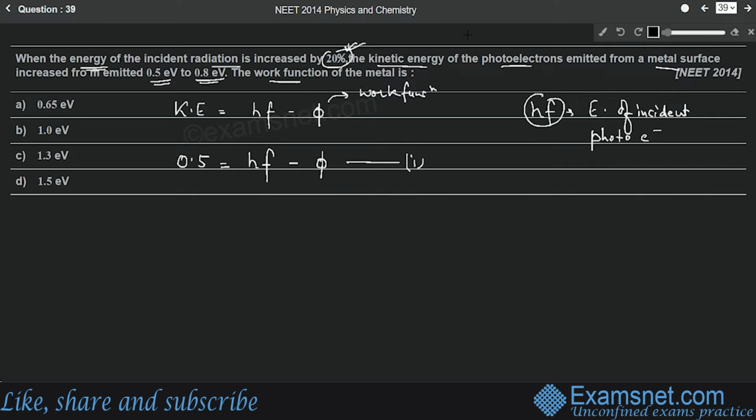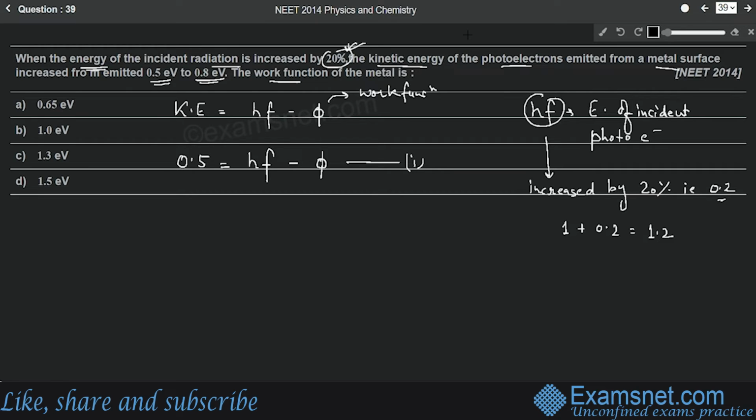Now in the second case, this energy of the incident photons, that is hf, is increased by 20%, that is 0.2. So if initially it was 1, it becomes 1 plus 0.2, that is 1.2.